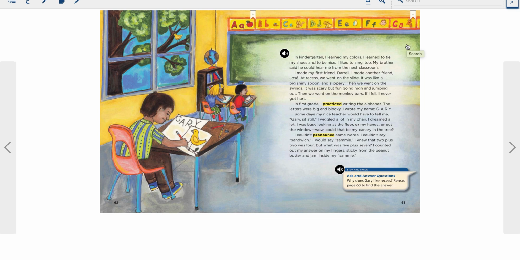Wow, could that be my canary in the tree? I couldn't pronounce some words. I couldn't say sandwich. I would say Sammy. I knew that 2 + 2 was 4, but what was 5 + 7? I counted out my answer on my fingers, sticky from the peanut butter and jam inside my Sammy.